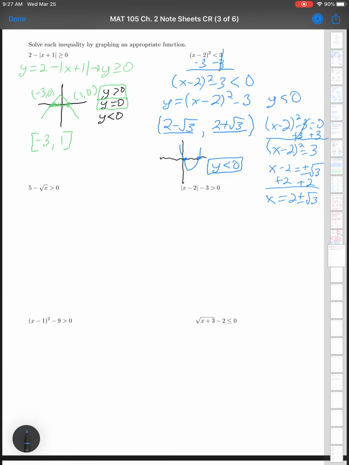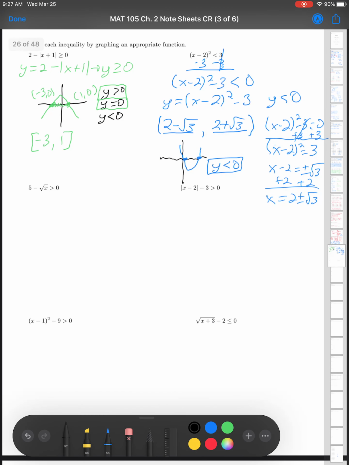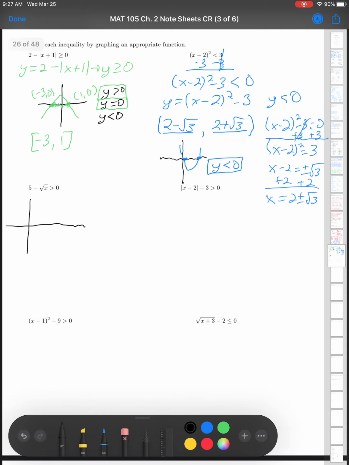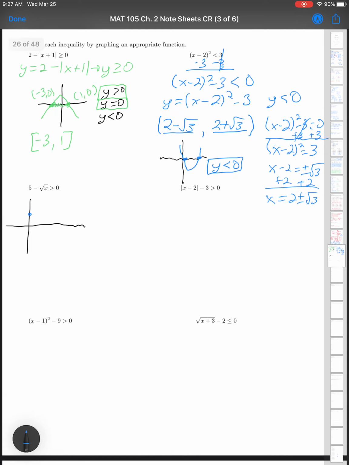So if I drew a little graph of this in our notes, what this one would look like, right, it would look something like this. So this point was 0, 5, and this part was 25, 0. And we want y to be greater than 0, right? We're doing greater than 0, so that's above the x-axis.